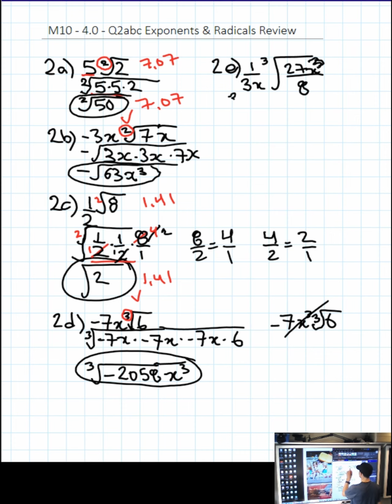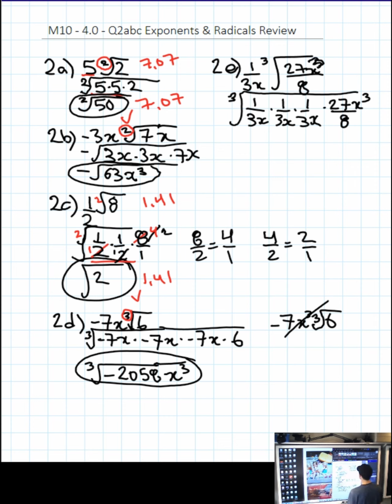So we're going to get the cube root of 1 over 3x times 1 over 3x times 1 over 3x. Simply putting the thing on the outside, on the inside, the number of the times that the index is. It's a cube root, so that. Then we have still times 27x cubed over 8.